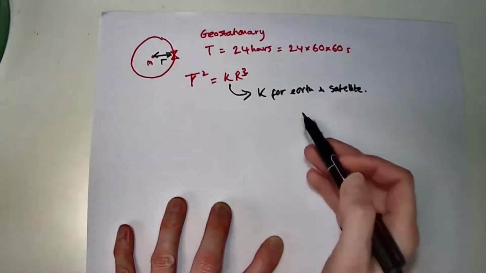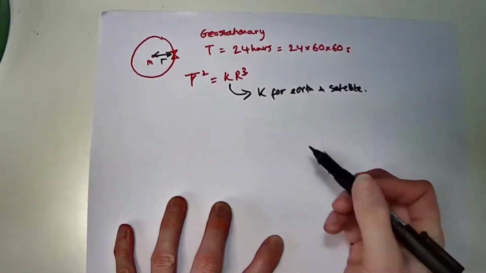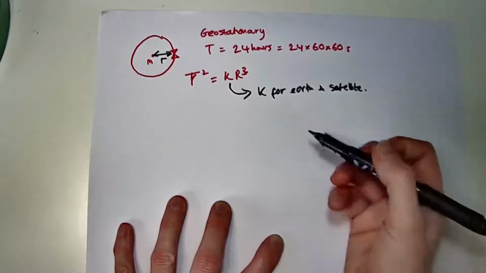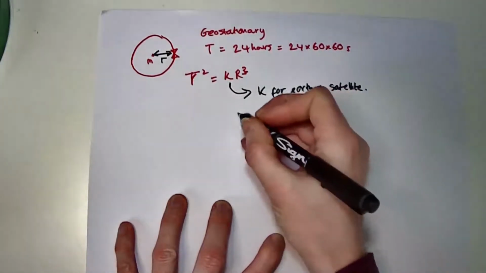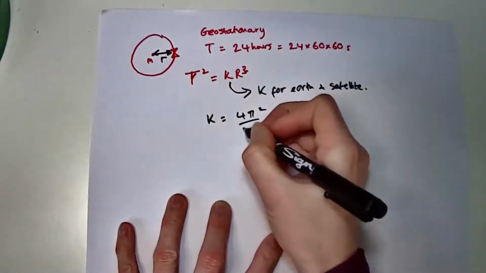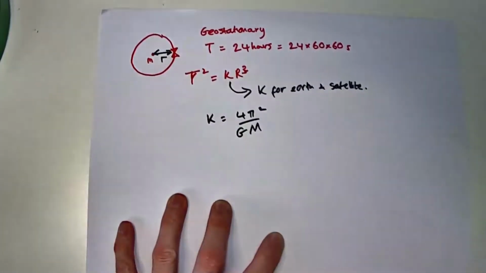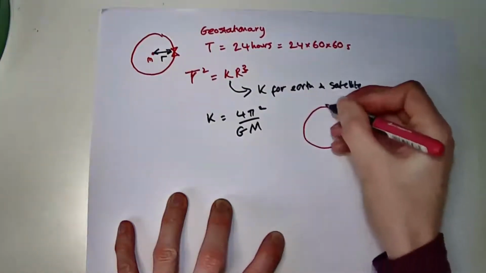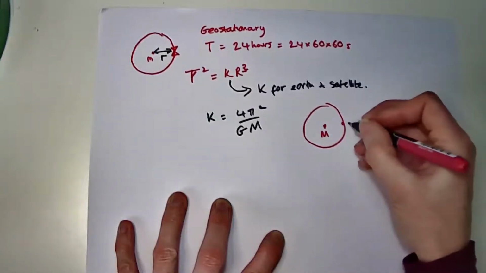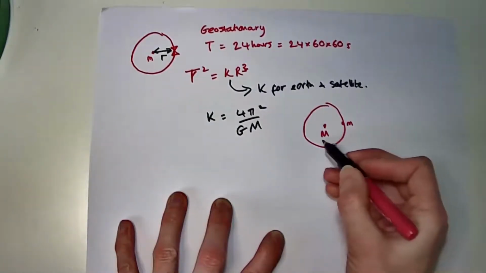So we're going to need to have a look at our equation for k again and slightly revise that, we can't just use the numerical answer from part 2. So k is 4 pi squared over G M. And in our previous example, we were looking at this situation where we had the planet, the sun and the planet.